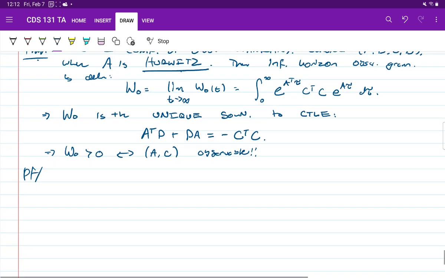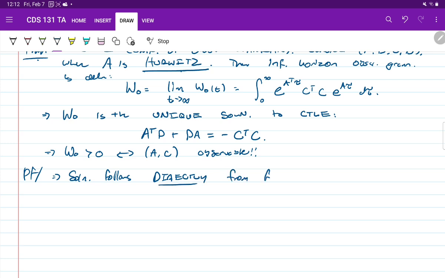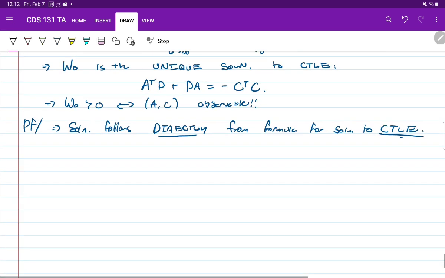First, the fact that it is a solution follows directly from the formula for the solution to the CTLE. If you look back to our Lyapunov lecture, you'll find that this over here is exactly the form of the solution to the CTLE. Now, why is this being positive definite a sharp characterization of observability?